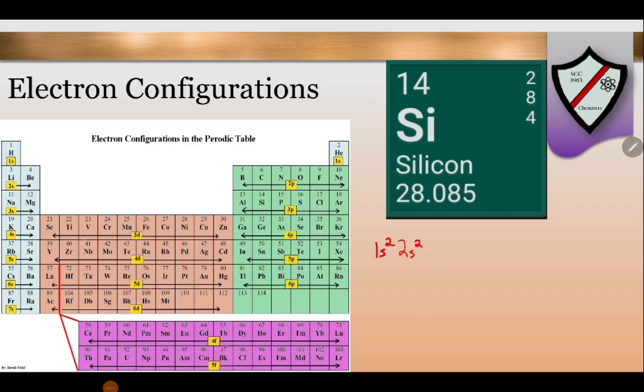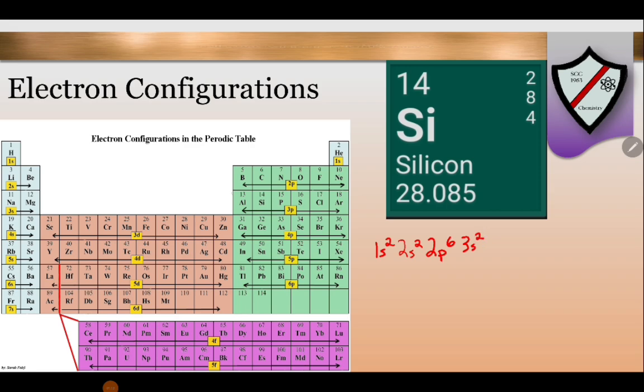The next atomic orbital that is in the energy level ranking is the 2p orbitals. The 2p orbitals each can hold 2, but there are 3 of them, so there are 6 total electrons held by the 2p orbitals. The next orbital that we fill is the 3s orbital, and the s orbitals can hold 2 electrons.